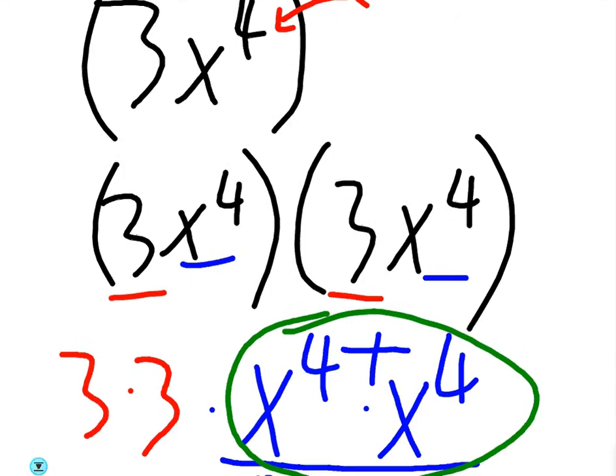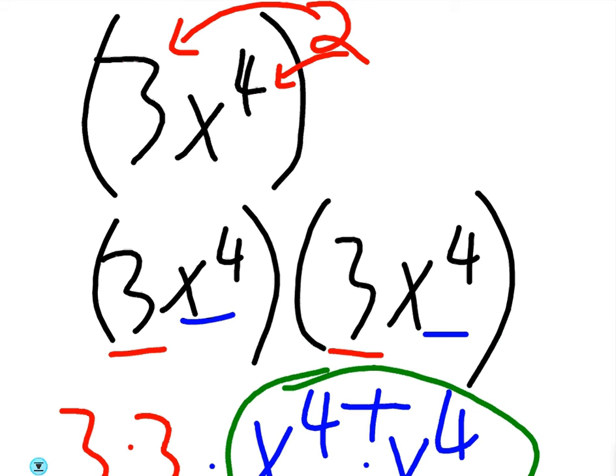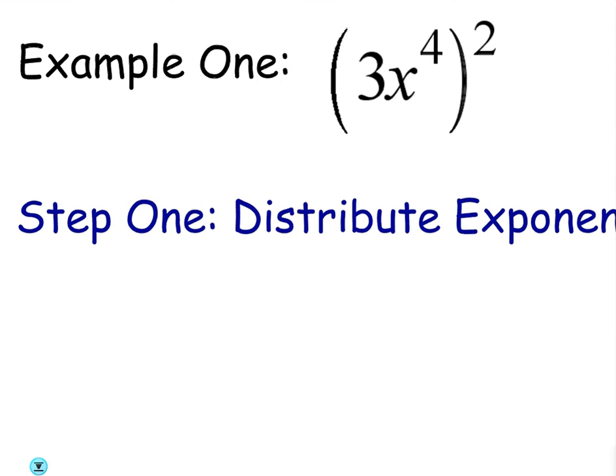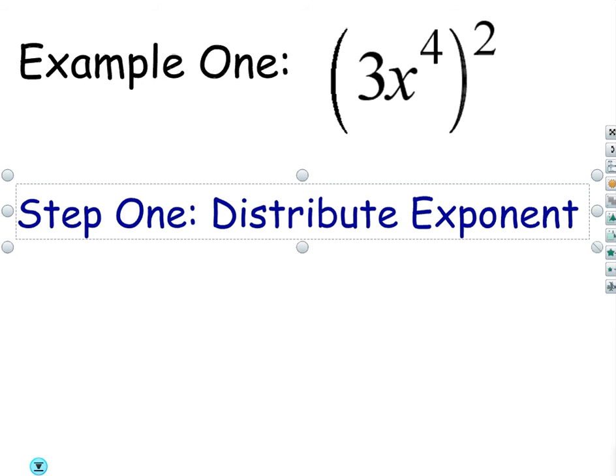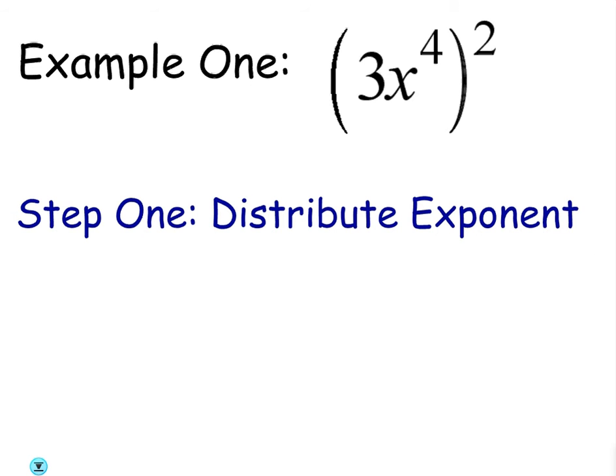So again, the gist of this is make sure right off the bat for step 1, and you'll see in the next example, all you have to do is distribute the exponent. So that's going to lead us to the same problem, but we're going to, right off the bat, just distribute the exponent for step 1. So remember when we multiplied polynomials, how you drew the arrows? It's going to work the same for the exponent.